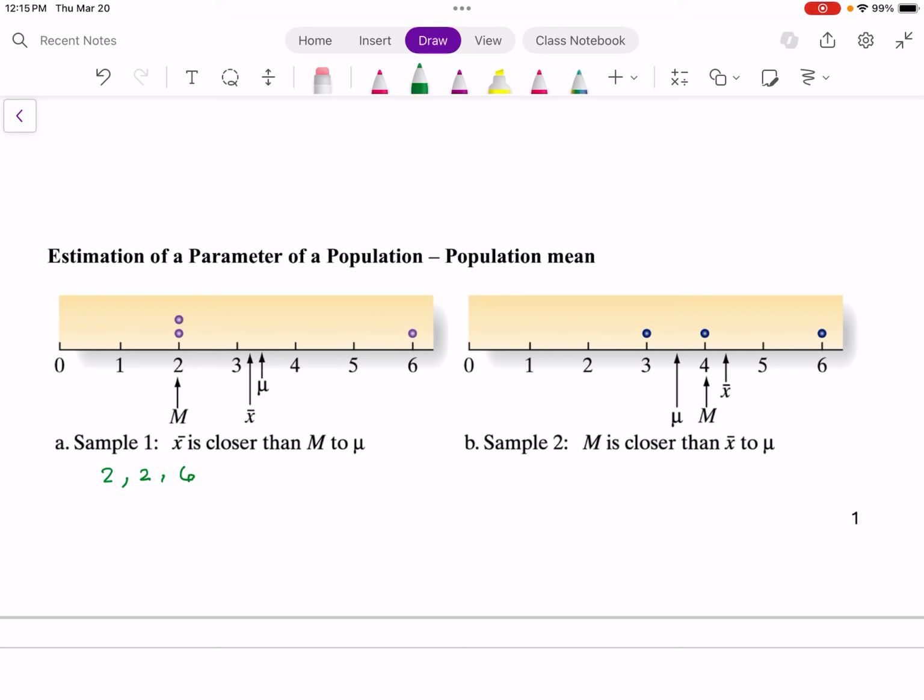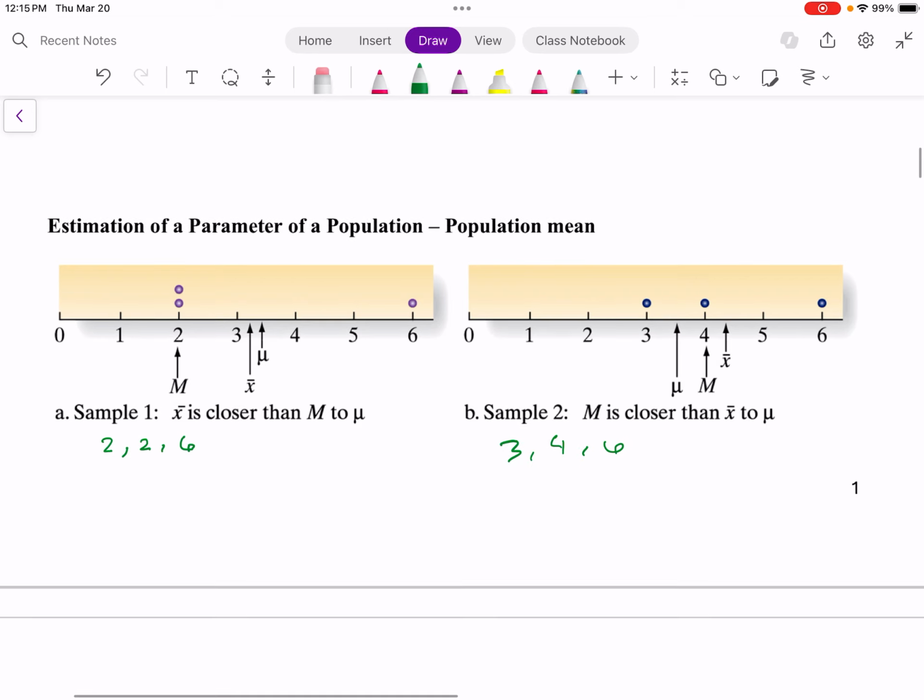In the first sample, we have 2, 2, and 6. These are the upper faces that we get. And in the second sample we have 3, 4, and 6. These are the upper faces that we get when we roll a die.